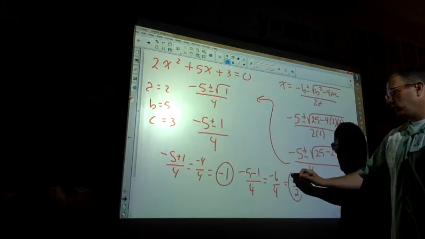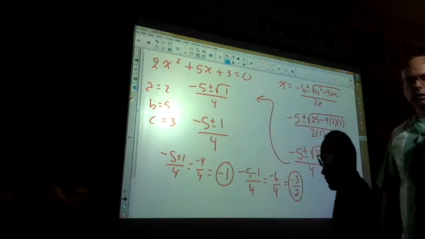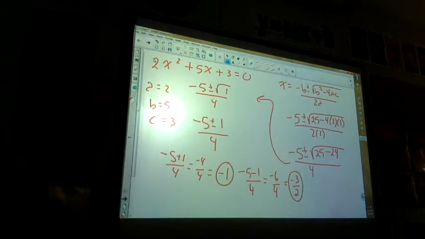Do not turn these into mixed numbers. Okay? Your elementary school teacher did not know what they were doing. Leave it as an improper fraction, please. All right. That's problem number 4.